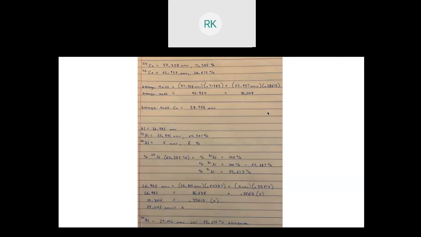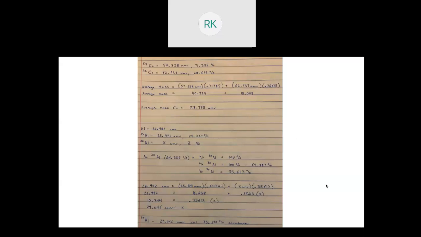But if they don't, do your best to have the correct number of sig figs. I can tell you my answer for the top question has 5 sig figs, and if you did that out, that would be a correct number of sig figs. I'm not quite sure about the bottom one if I use sig figs or not, but I can hopefully tell you at the end. Okay, so let me just keep going through.